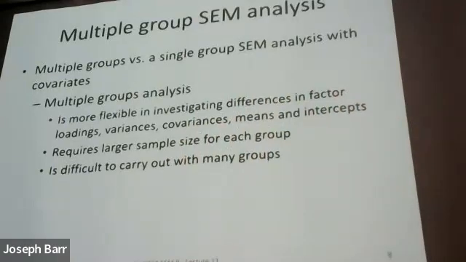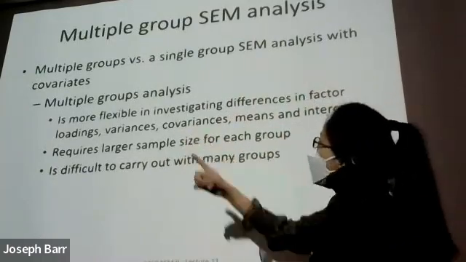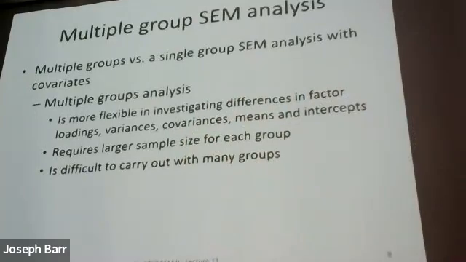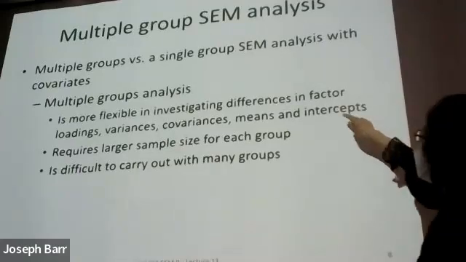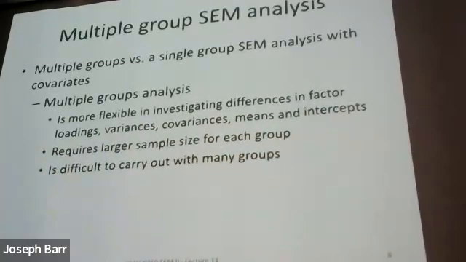So if we do a comparison between these two, multiple group analysis might be better than the other approach, because it's more flexible in investigating differences in factor loadings, variance, covariance, means, and intercepts. Because we can make all of these components different across groups.